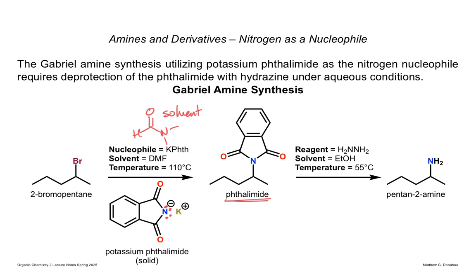An imide, so like that's an amide. An imide is basically something with 2 carbonyls bonded to it. The phthal means phenyl, so phthalimide.